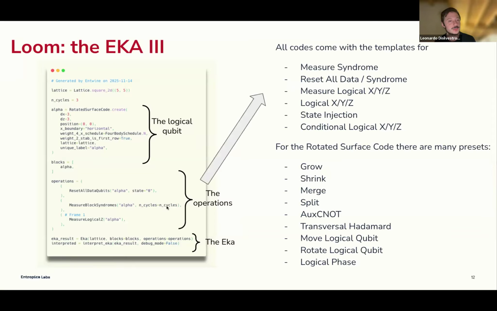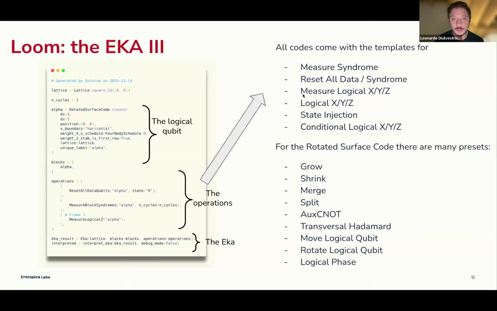Now, for the operations, there are two types of operations. There are some templates that are well defined for most codes out there: measure syndrome, reset data and syndrome qubits, the logical operations, both measurement and application, state injection, conditional logic. These are all available for all codes.